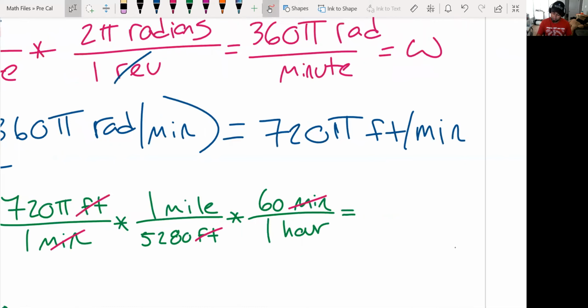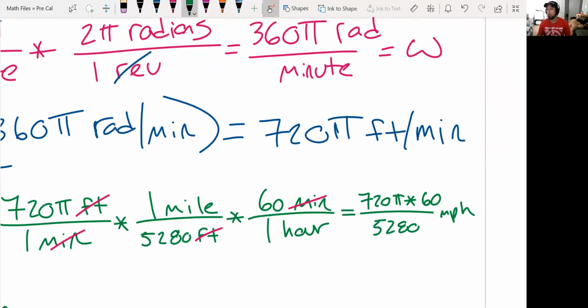So what we have left is, and I'll show the multiplication, you'll have 720 pi times 60 all over 5280. And now this is in miles per hour. I'm going to type it in my calculator just like I wrote it. And let's see how dangerous this kid actually is. Let's see, 720 pi times 60 over 5280.